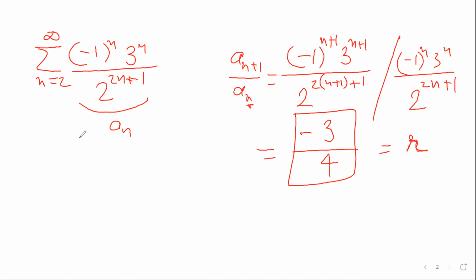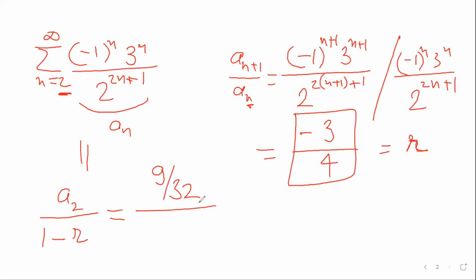And so by our formula, this is simply a2, which is the first term because our series starts with n equal to 2, divided by 1 minus r. Now a2 is simply 9 over 32, right? And then you divide by 1 minus 3 over 4.